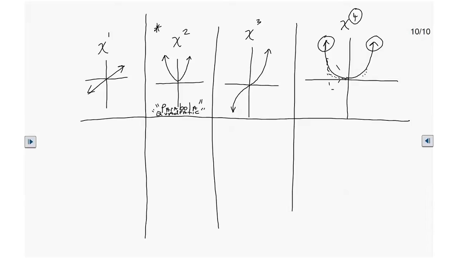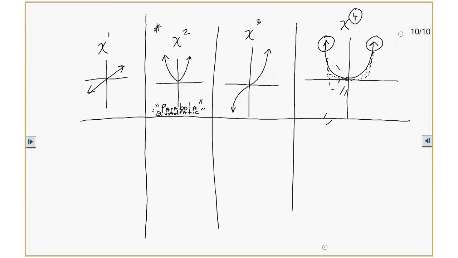based on what? Based on how big the exponent is. Now, x to the third, x to the fifth, x to the seventh, x to the ninth, all of those will have this ending behavior.